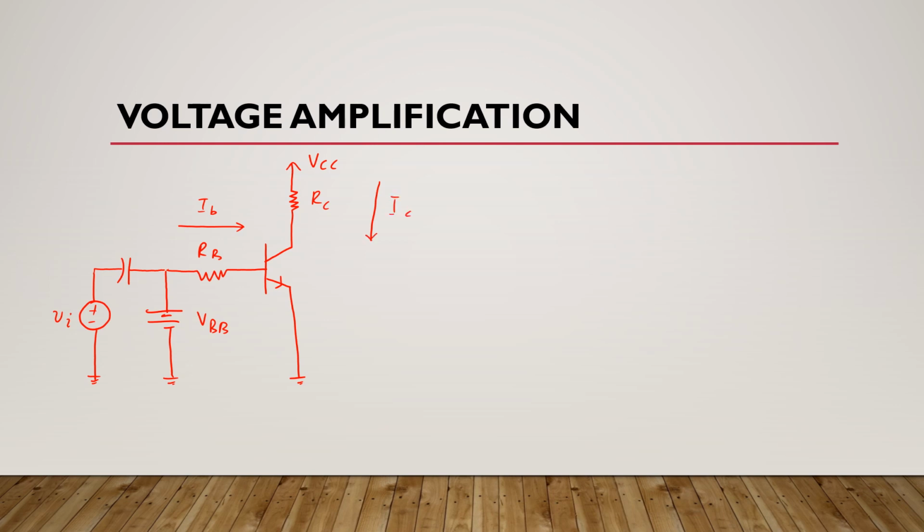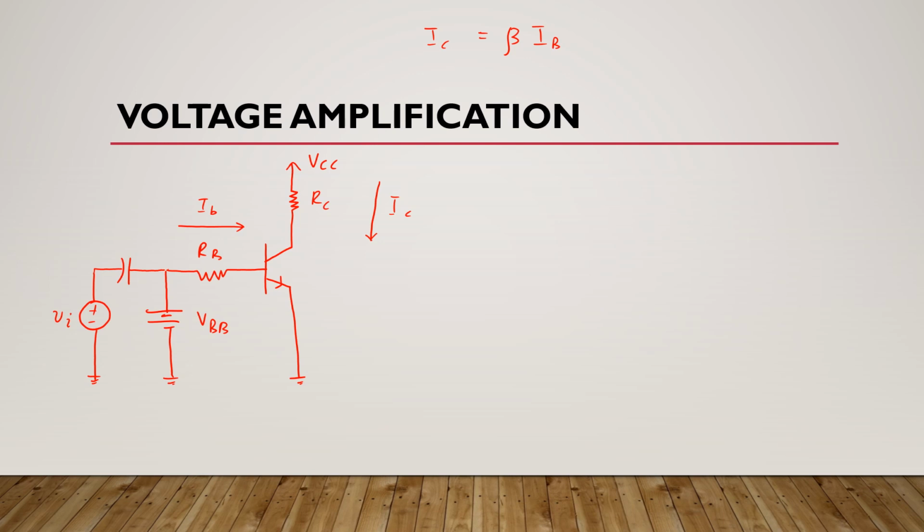Now we know that collector current is equal to base current multiplied by current gain beta. It means this AC base current will produce a much larger AC collector current, and the direction of this collector current is inverted, but it is amplified. Okay.